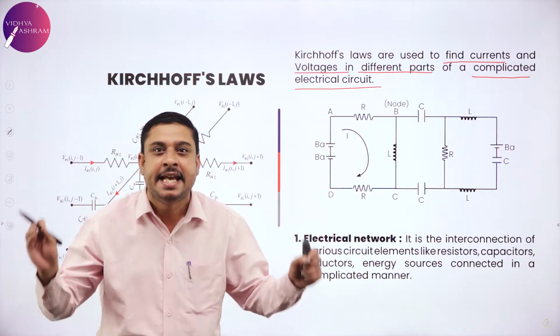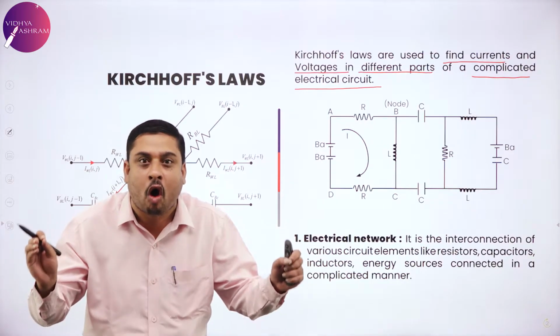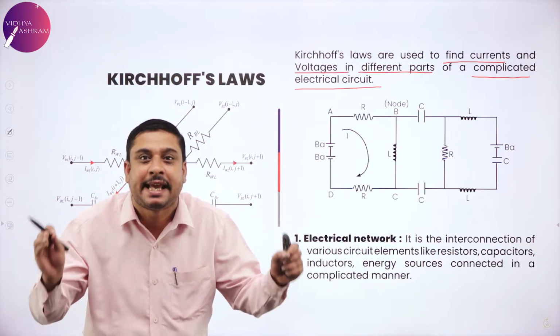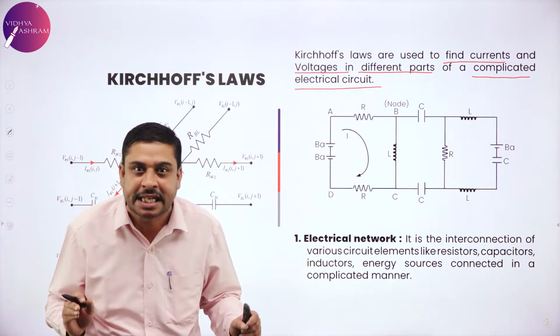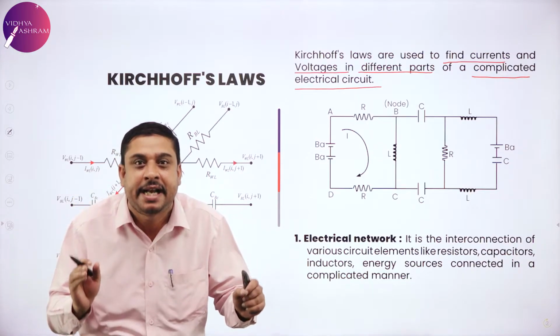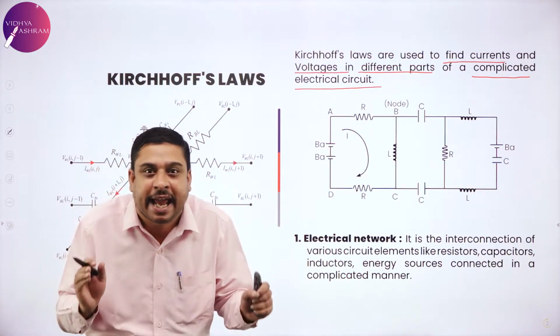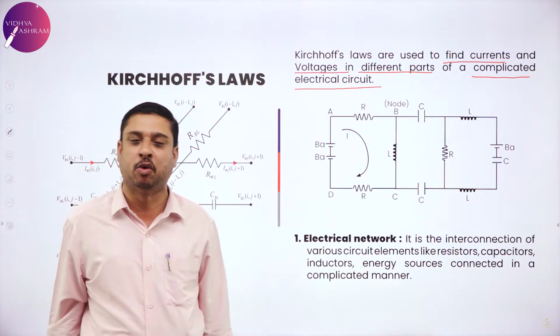The very simple understanding of analyzing a complicated circuit means we are finding current and voltage in different parts of that circuit.